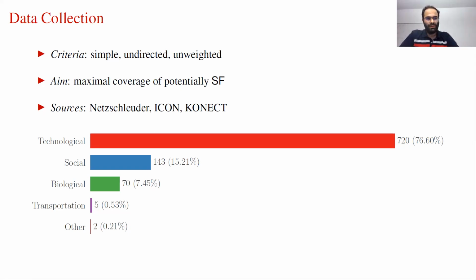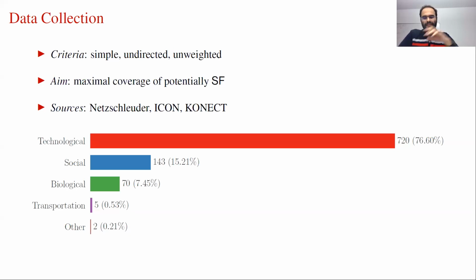For example, the technological category contains more than 75% of the networks in our collection. And within this category itself, most networks are actually representing the internet architecture at a router level. And the reason that these networks were abundant in the sources that we looked at was the relative ease of collection, basically.